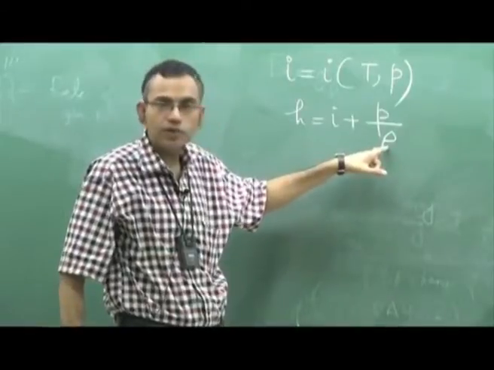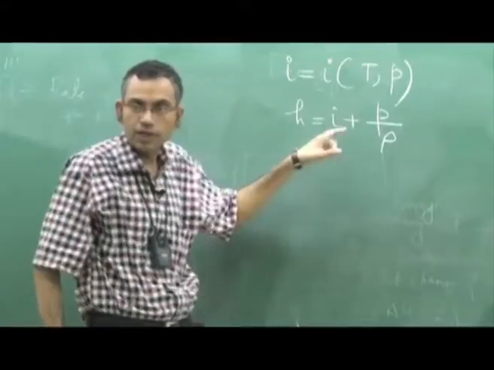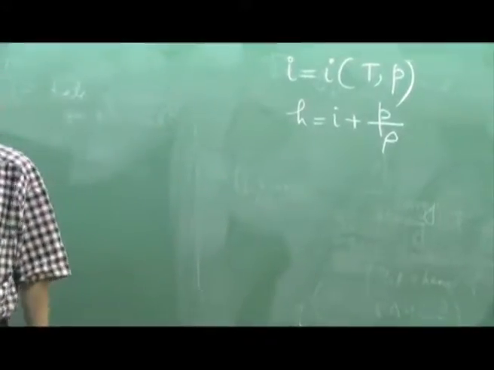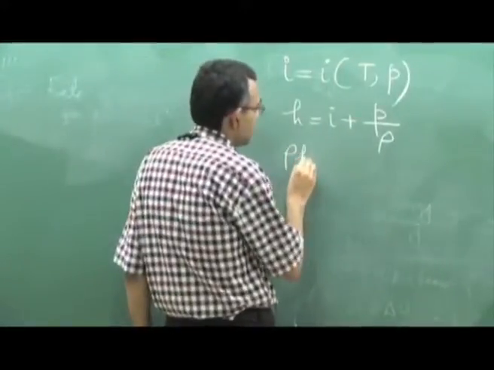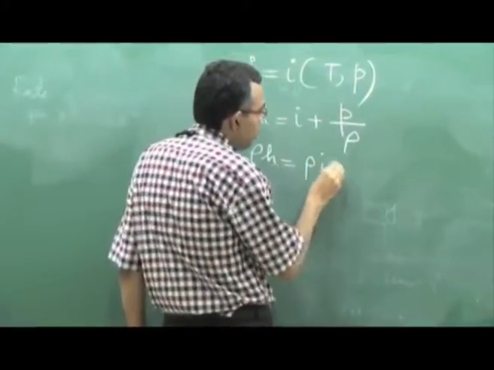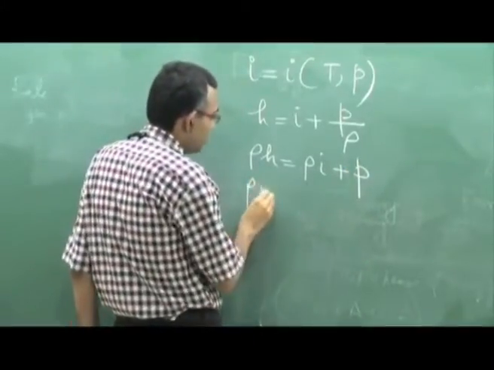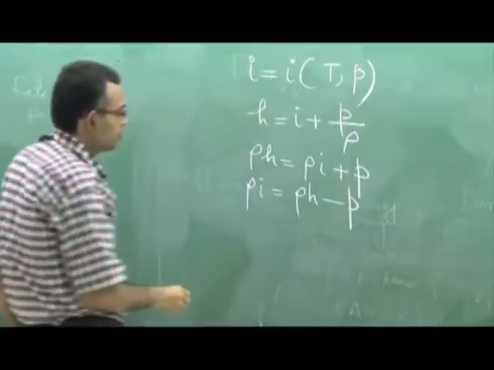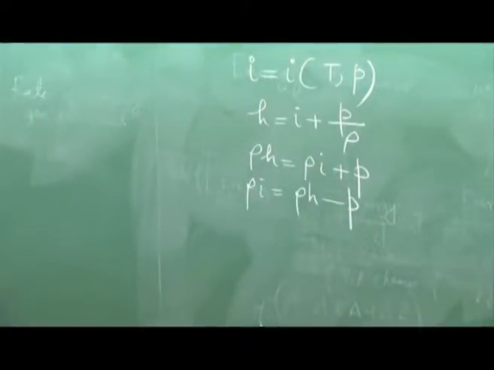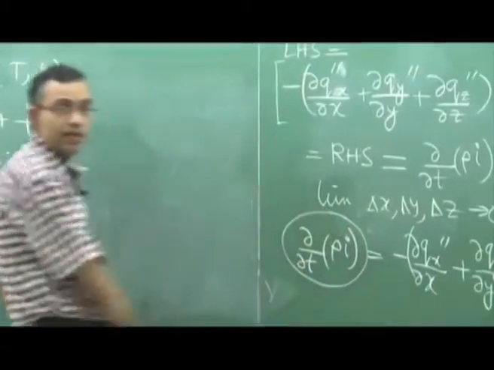The specific volume is 1 by density, and instead of U the symbol is I. So rho H is equal to rho I plus P, so rho I is equal to rho H minus P. We are basically interested in simplifying this term.